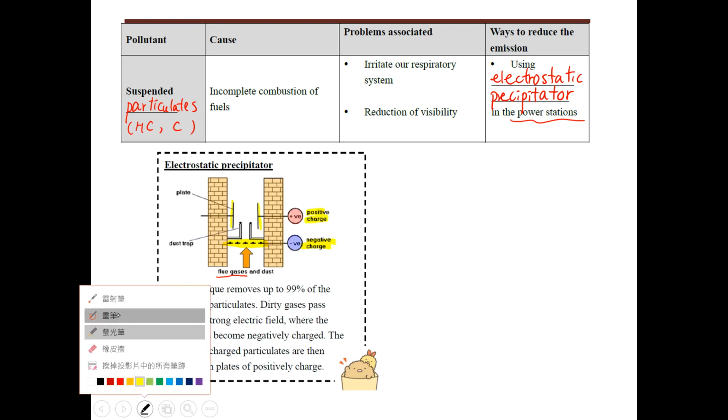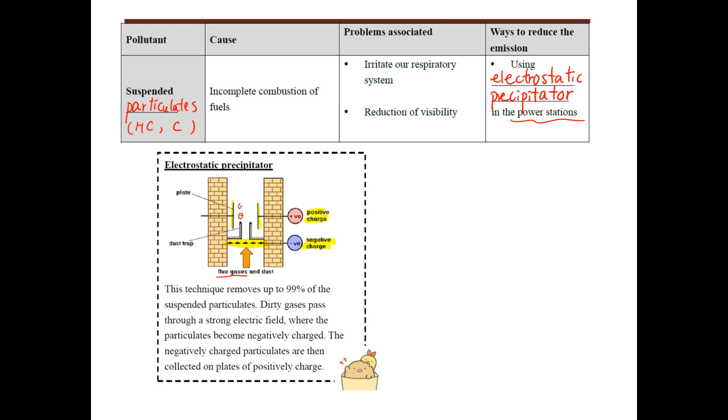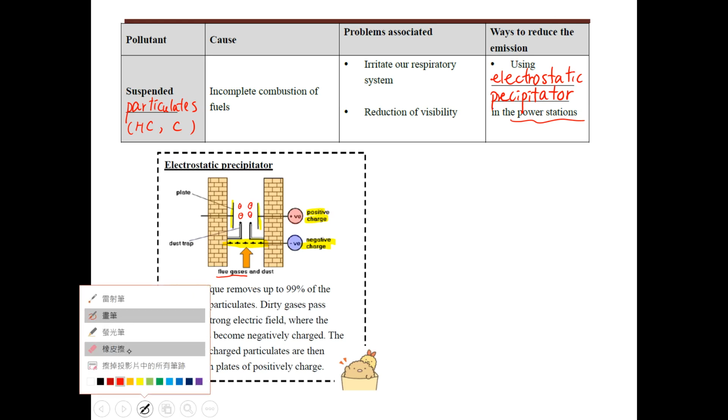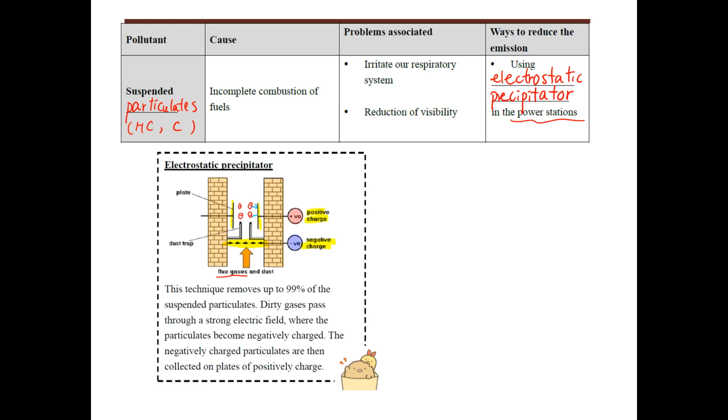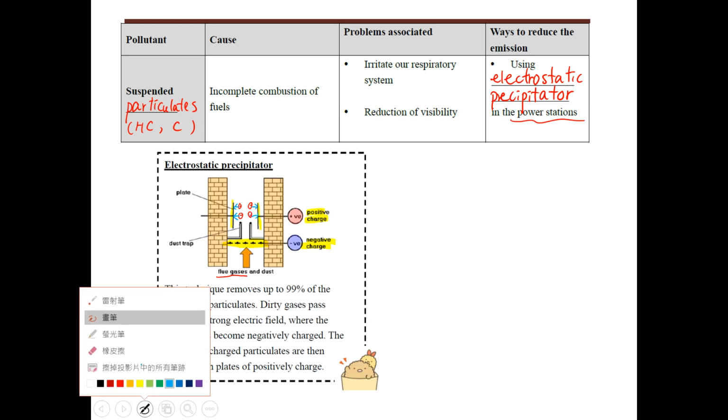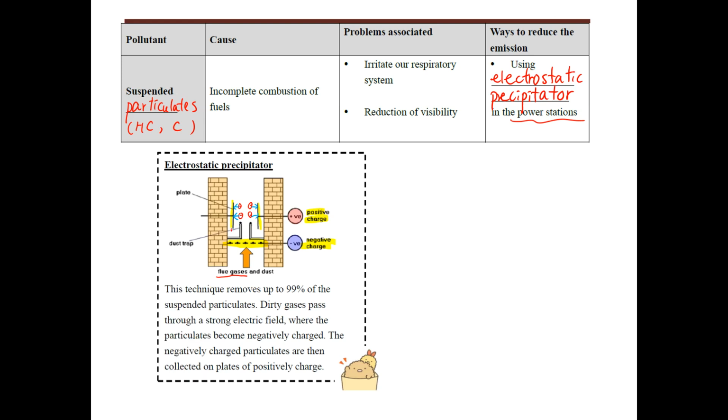So the flue gas particles will now carry negative charge, and they will be attracted towards the positive plate. So more and more particulates are attracted to the plate, and then they will accumulate and just settle here. Can you see the dust tray here? So they will just settle there. Understand? And then we can move on.